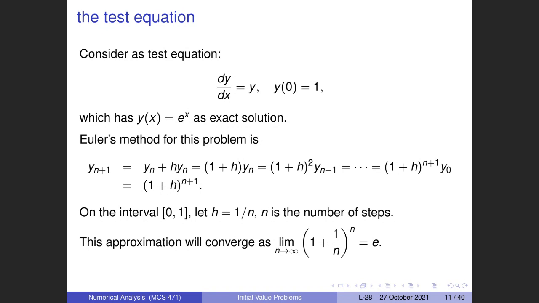Well, we can run our methods on equations where the answer is known, and here's a very simple equation. I'm underlining what you actually define: the right-hand side function is just a function of y. The initial value is 1.